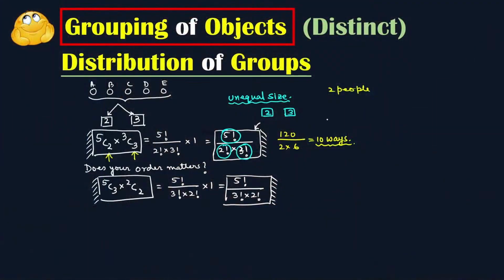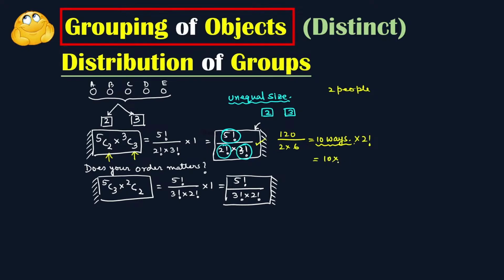It's 2p2. Therefore, the total number of ways in which this group so formed, consisting of two objects and three objects, can be distributed among two people is factorial 2. That is, the 10 actually came from this calculation.